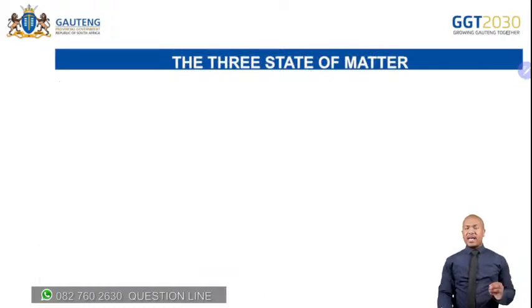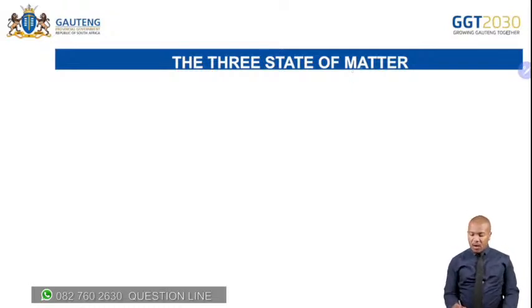The 3 states of matter. Now let's remind each other, what is matter? We said matter is anything that occupies space and has mass. So this matter can be classified into 3 states.